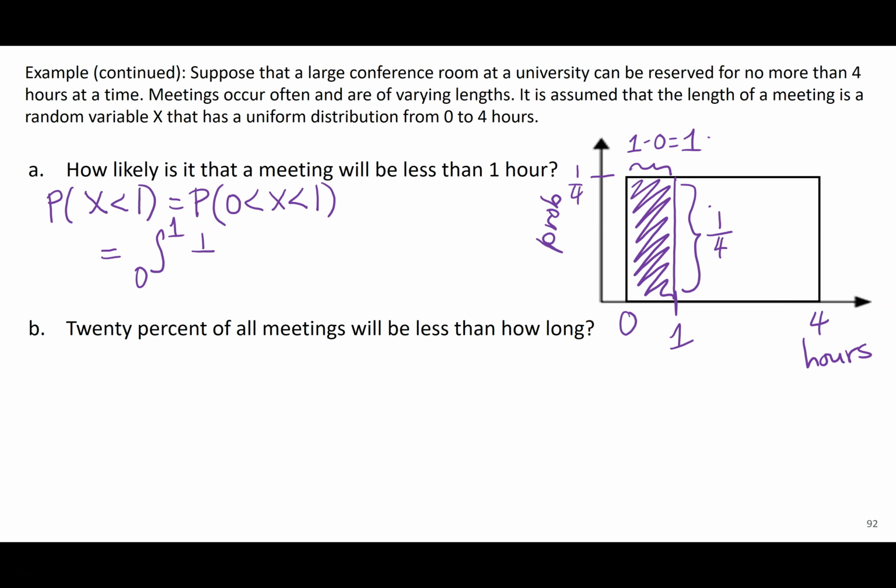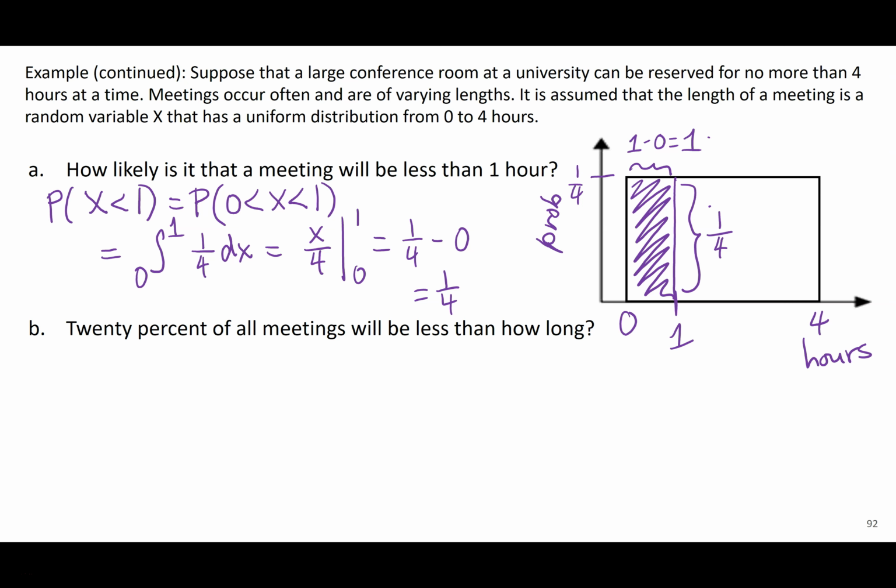But so from 1/4 dx, I'm going to get x over 4 evaluated from 0 to 1. So I'm going to get 1/4 minus 0. That's just going to be 1/4. So the probability of me randomly selecting a meeting time made for this conference room and it being less than an hour long, it's going to happen about 1/4 of the time.